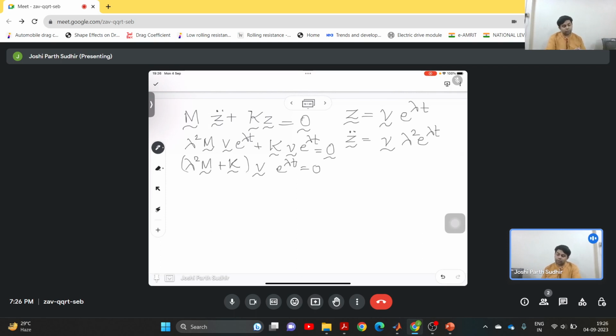Now e to the power lambda t is not equal to 0 for any real value of t, which is time. For this system of equations to have a non-trivial solution, the trivial solution would be the matrix V equal to 0, but we are not interested in that, so we seek a non-trivial solution.